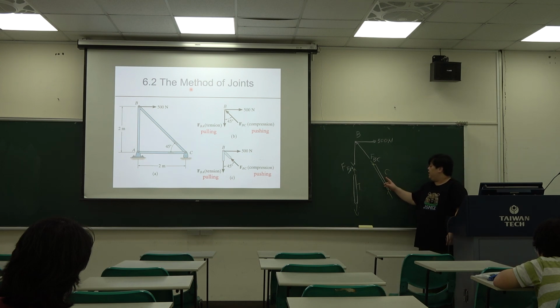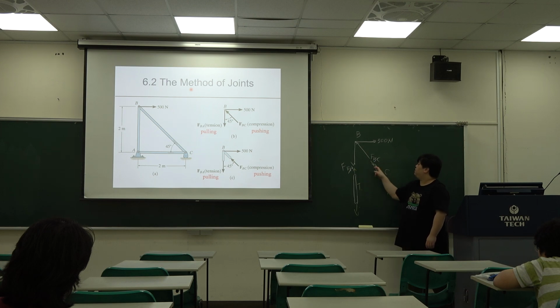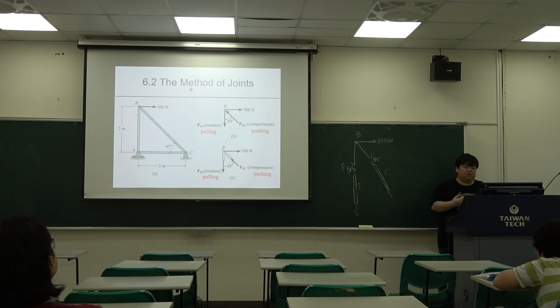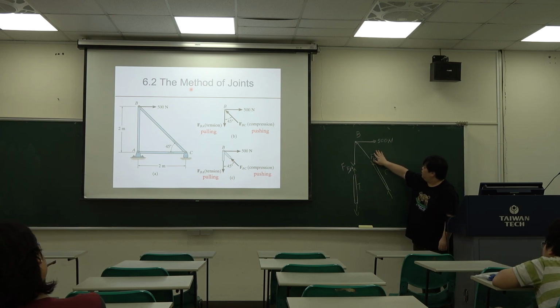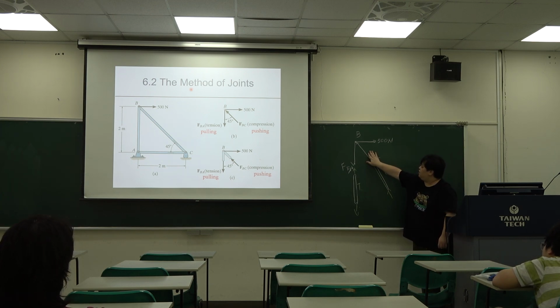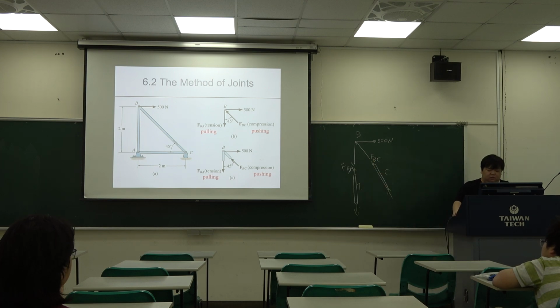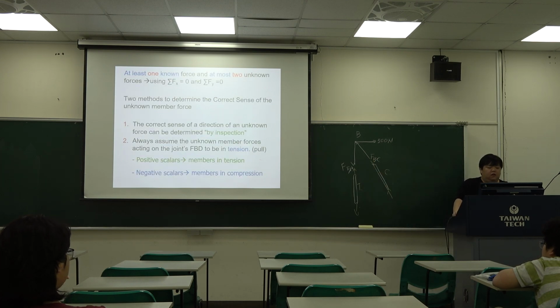And if you combine these two, we call this the internal force. This is the external force, but this is the internal force. So when you combine these two parts, we don't show this part. Okay, about the free body diagram.